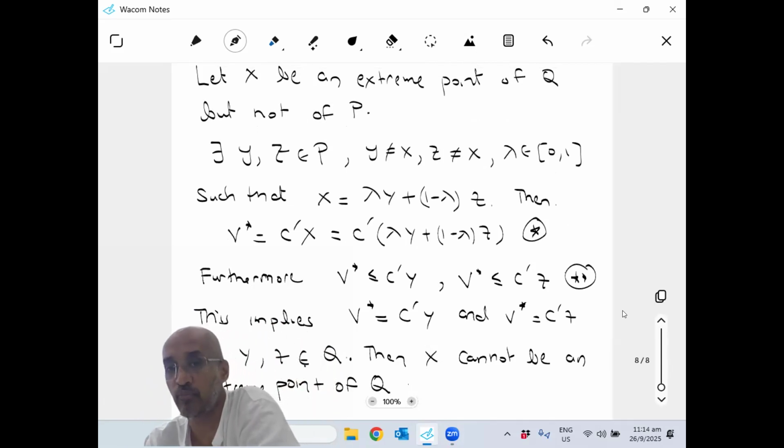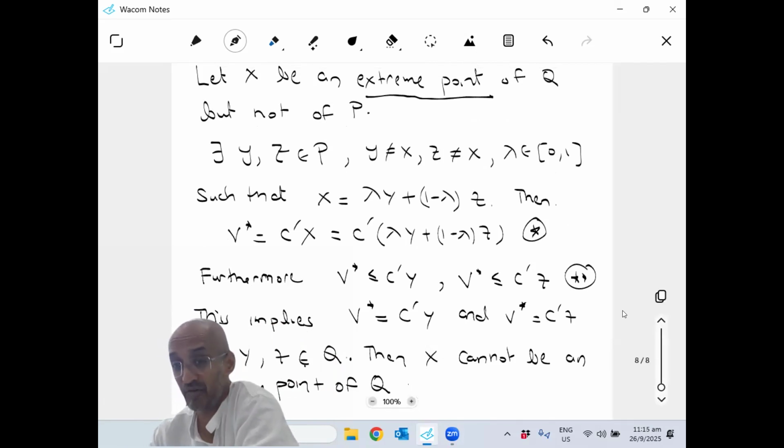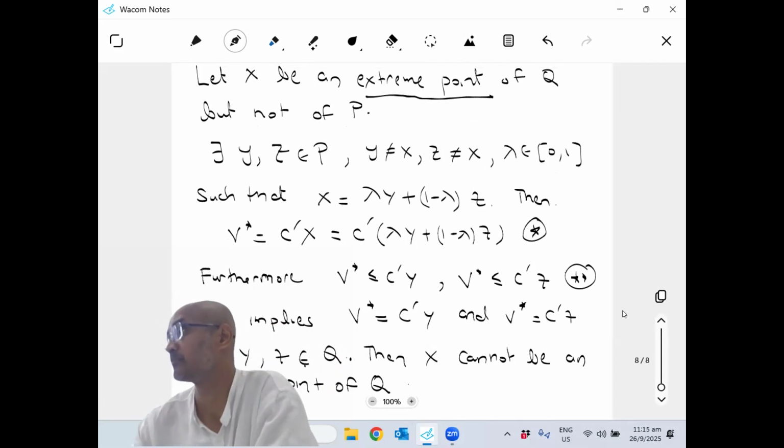We assumed X was an extreme point, which means I cannot write X as a convex combination of two other points in Q different from it, but we just did, which means this is not true.